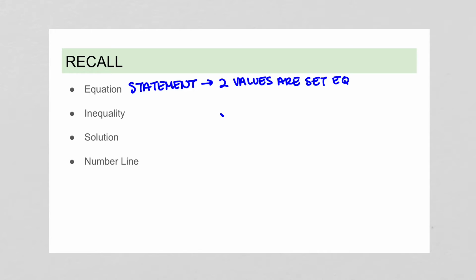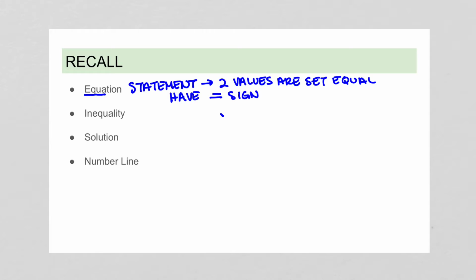So again, equation starts with that word, equal, and the big thing is it will have an equal sign. If it doesn't have an equal sign, then it's just an expression, right? So if I said 2x equals some value, I'm saying that 2x, the thing on one side, has the same value as the thing on the other side, whether it's a number or another expression.